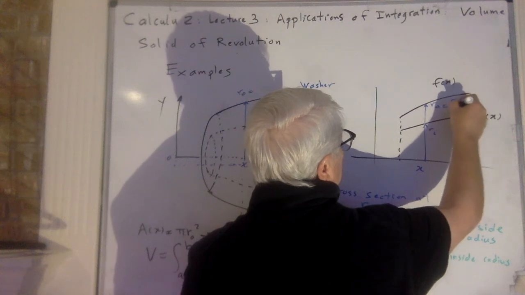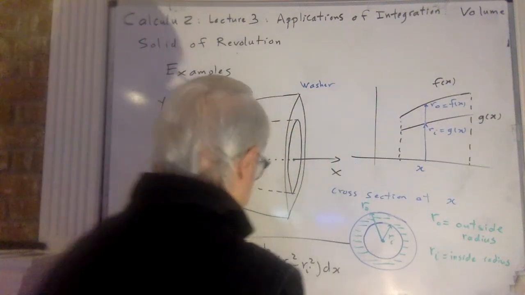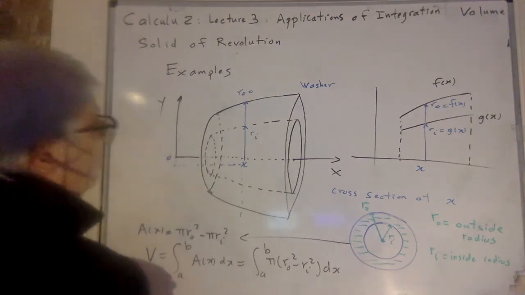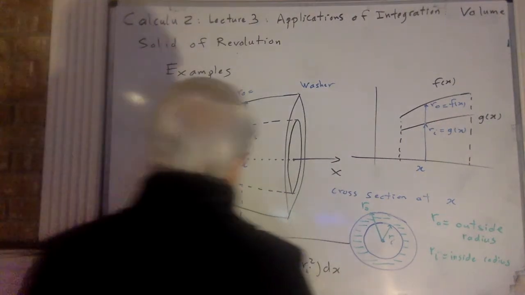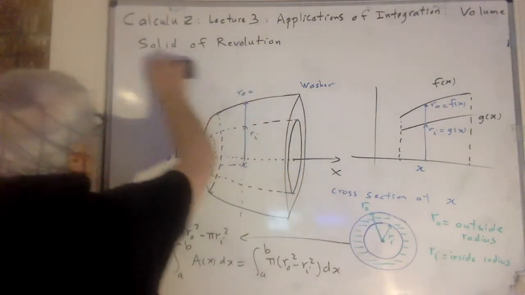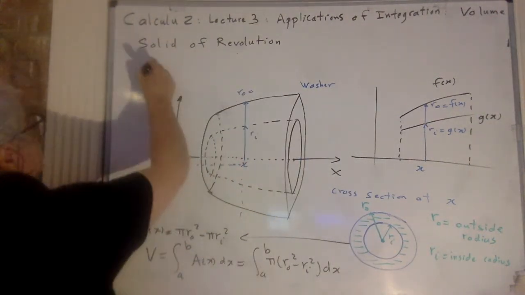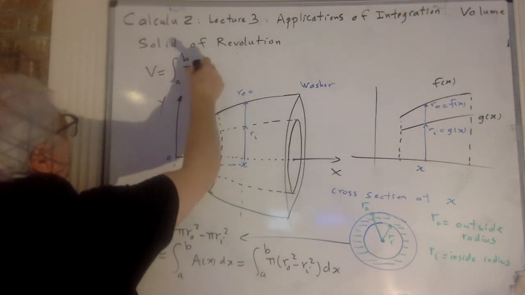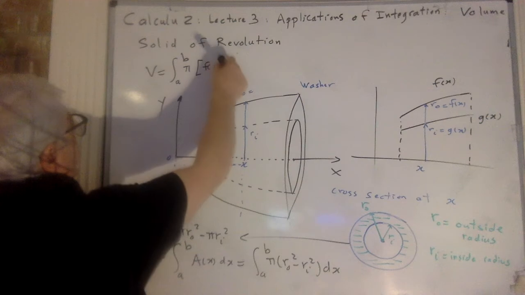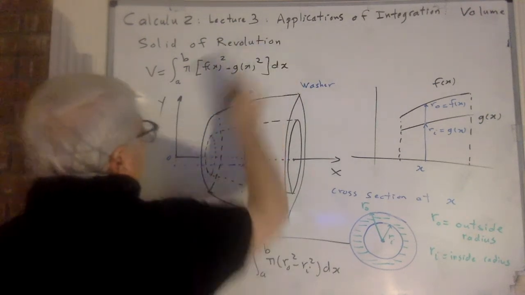This is f(x), this is g(x). So the volume, let me write the volume in terms of f(x) and g(x). The volume will be this, from a to b, pi times f(x) squared minus g(x) squared dx.